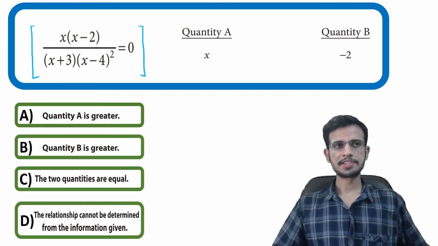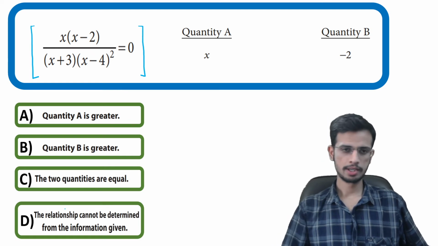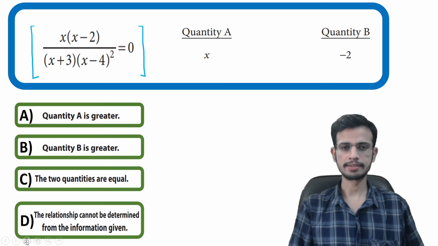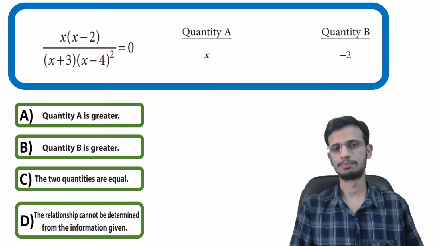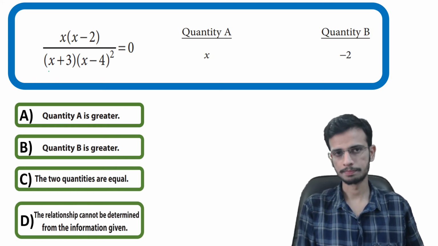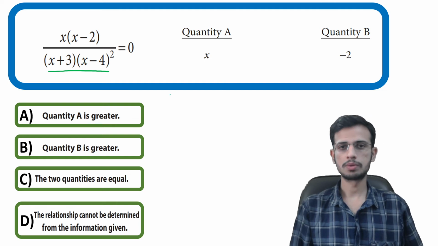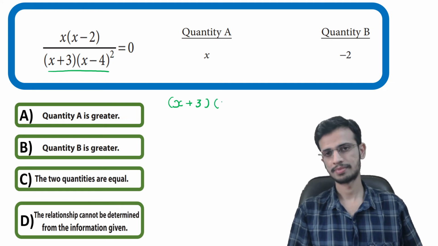Whenever any ratio becomes 0, in that case the denominator can't be 0. x plus 3 into x minus 4 whole square won't be 0. The ratio will only become 0 if the numerator is equal to 0.